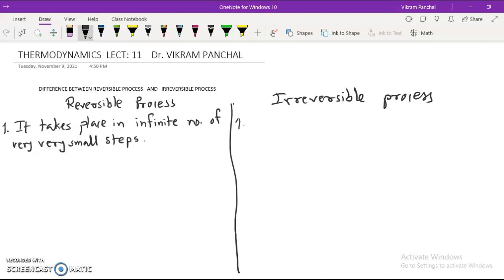Irreversible process, the first point is it takes place in a single step.